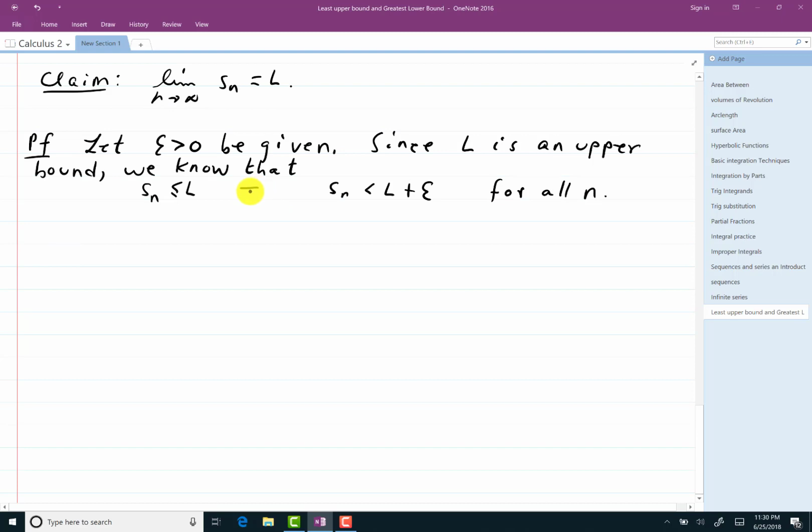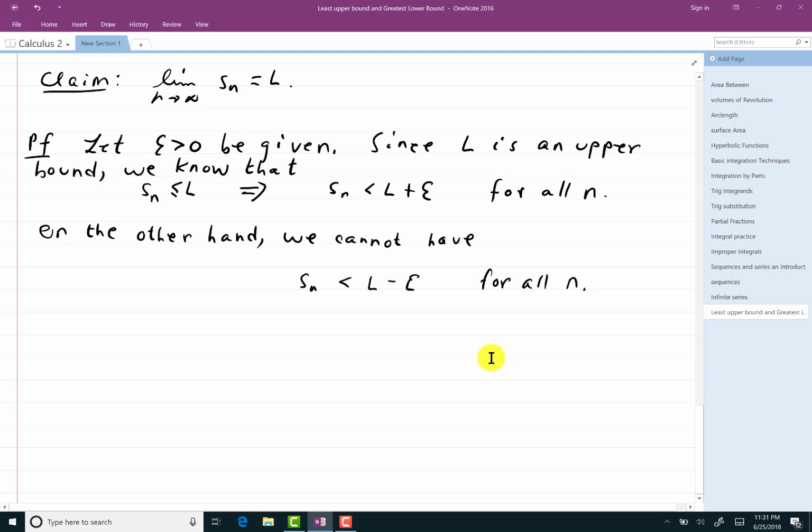So I'll put a little implication symbol there. So we know that S sub n is less than L plus epsilon for all n anyways. On the other hand, we cannot have S sub n being less than L minus epsilon for all n.